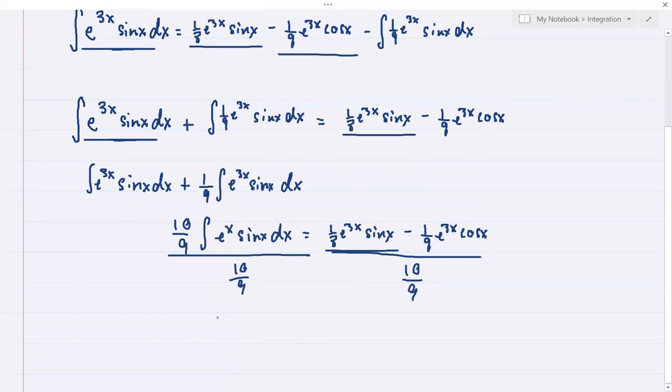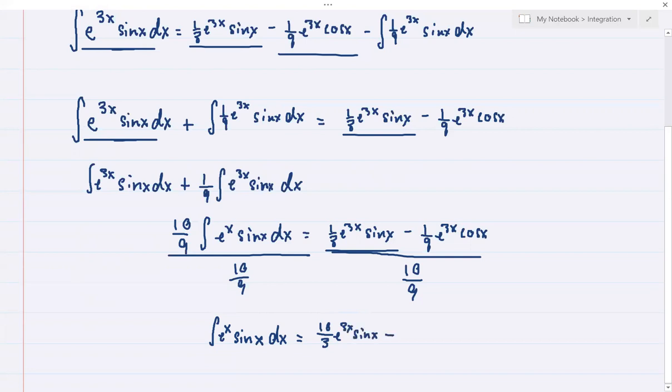So your final answer, e raised to 3x times sine x, forgive me. For this one, 1/3 all over 10 all over 9. So we will have 10 all over 3 times e raised to 3x times sine x.